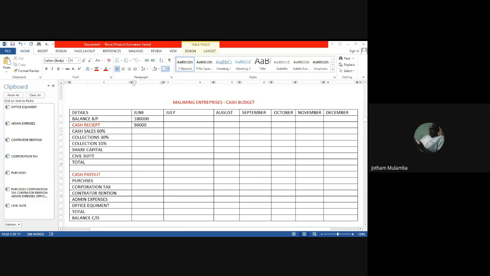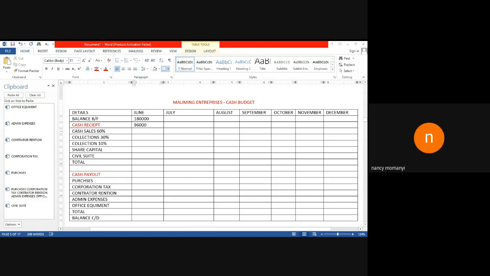So now let me clarify for you. We are in June. For example, if we are currently in November, have we made sales for December? Not yet. So in that case, can we go and request those people who will come to buy in December to pay us our money today, 30%, when you have not sold to them? Is it realistic?